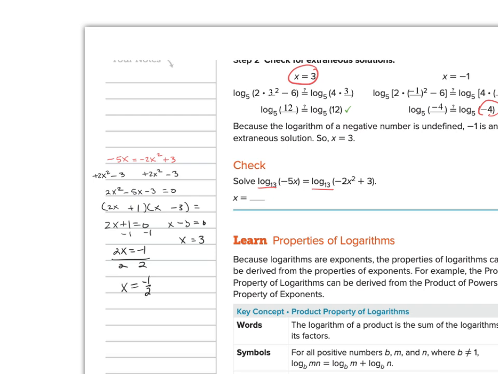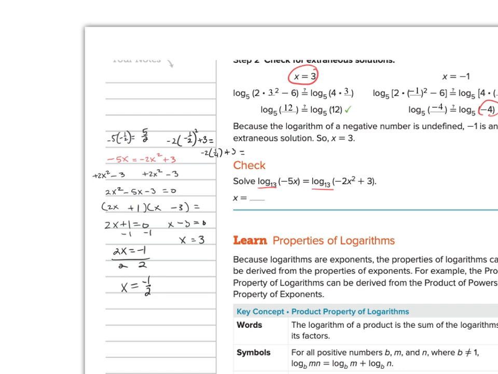Let's see. -1/2, let's fill it in. -5 times -1/2 would be okay because that would just give me a +5/2. Over here I'd have -2 times -1/2 squared plus 3, which is -2 times 1/4 plus 3, so it's going to be a positive number, right?